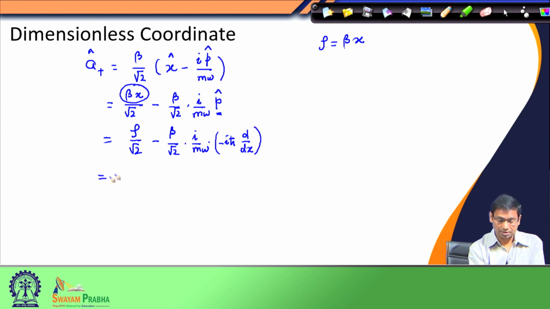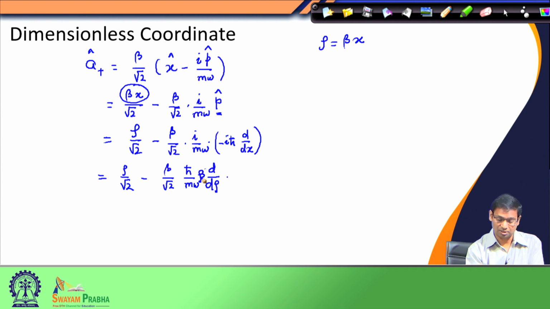When you look at this term, I have rho minus root 2. I see here that minus i would give me plus 1, and I am left with beta divided by root 2, h bar by m omega, d by dx. But since x is rho divided by beta, I am writing out d rho, and then I will have to multiply this with beta.